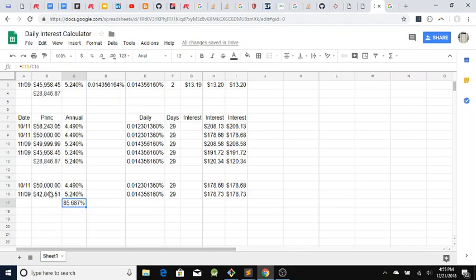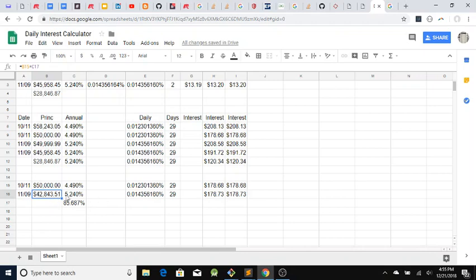If I take 50K times this number, 0.85687, I'll get 42,843. So that's my number. That's the magic number. If I'm going to be above this balance but below 50, I'm going to be paying more interest. So to pay less interest, I have to either be below 42,843 or above 50. I don't want to be in between.